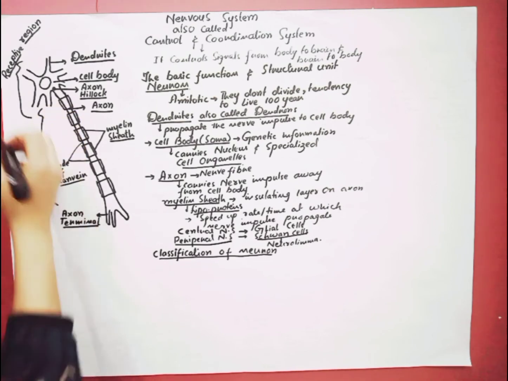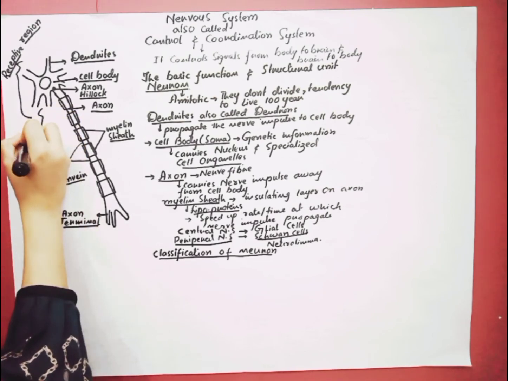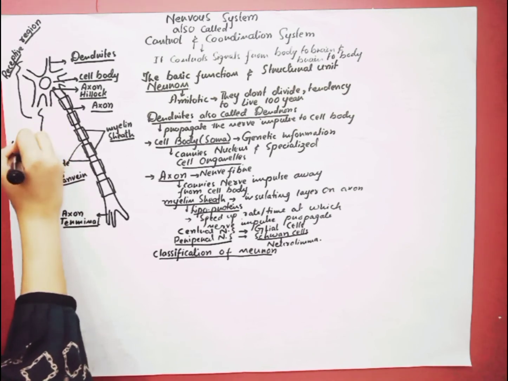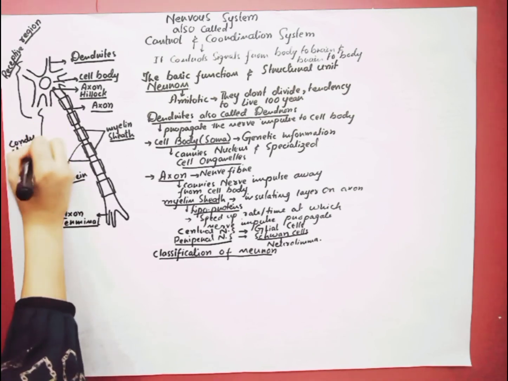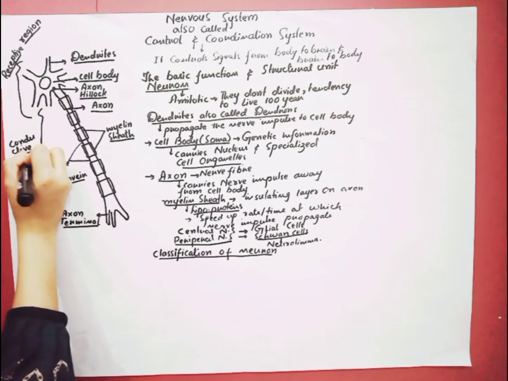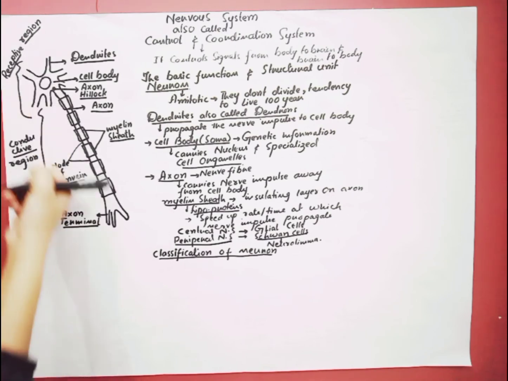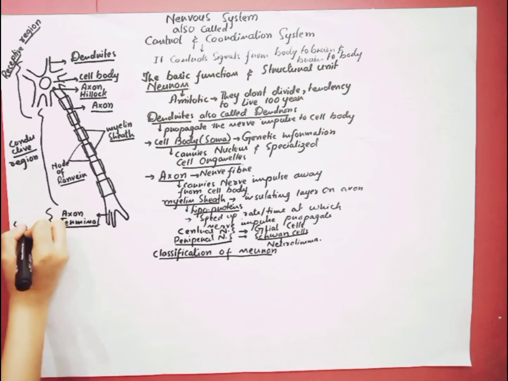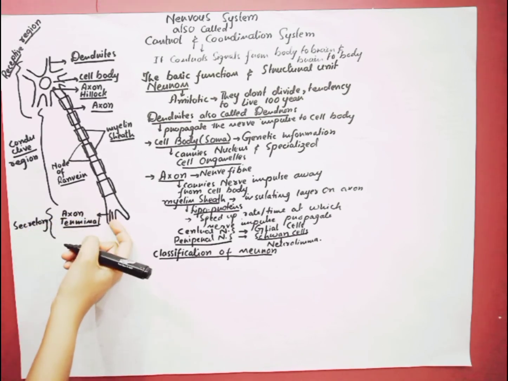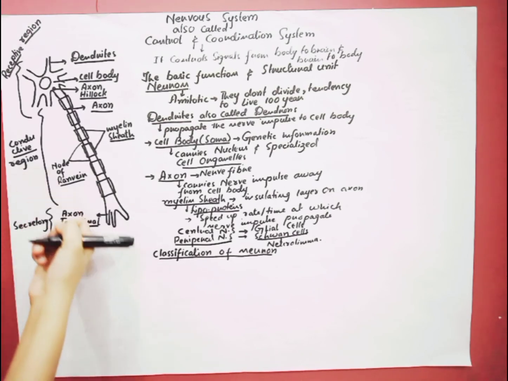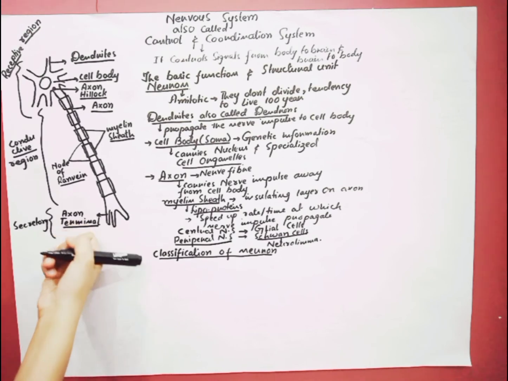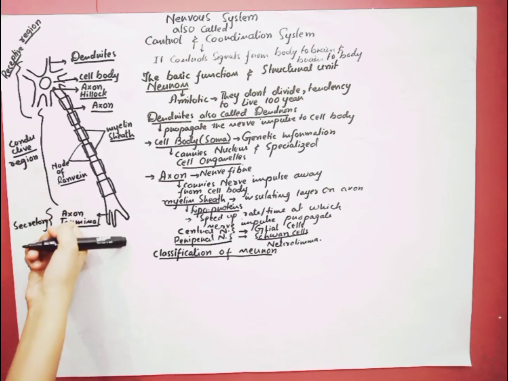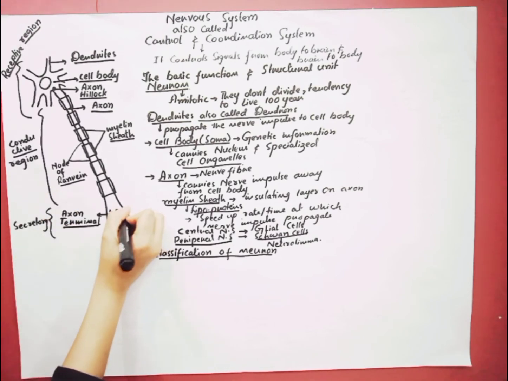This axon is the conductive region of neuron, as they conduct or propagate the nerve impulse, while these axon terminals are the secretory region. They secrete neurotransmitters in order to transmit the nerve impulse to other neurons. They release certain chemicals which are called neurotransmitters.